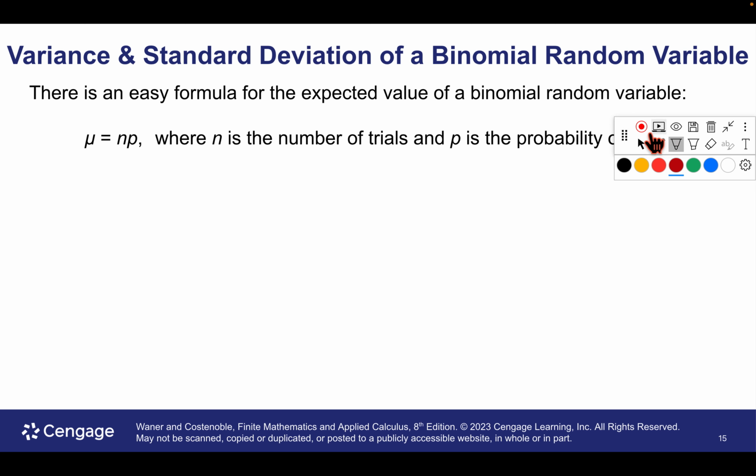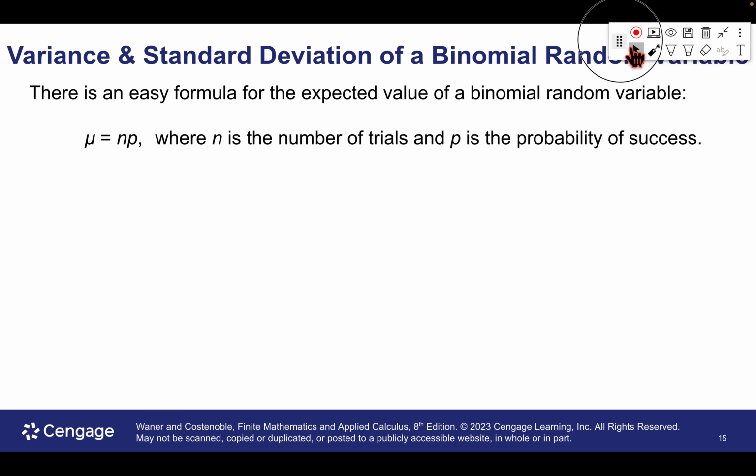The simple formula is that we take the number of trials times p. However many trials we do, the number of trials times the probability of a success gives us our average value.